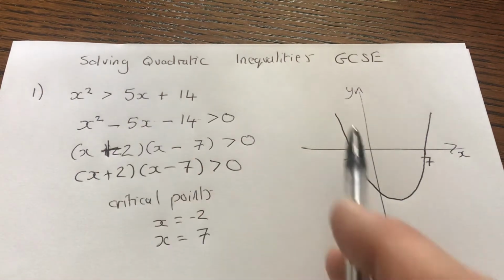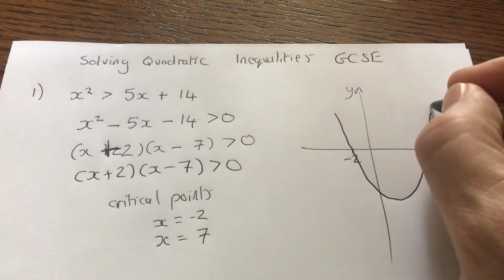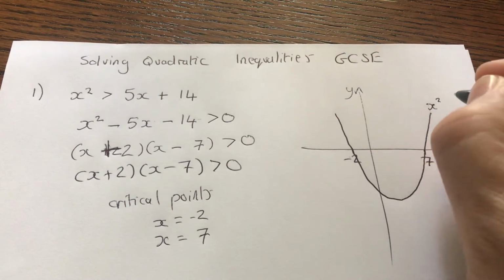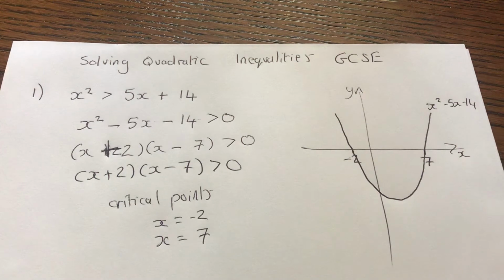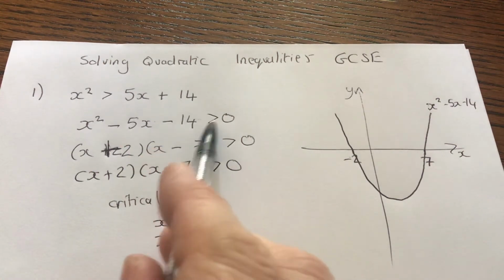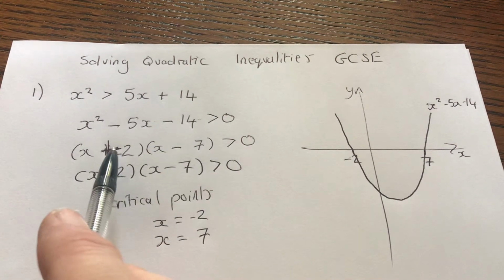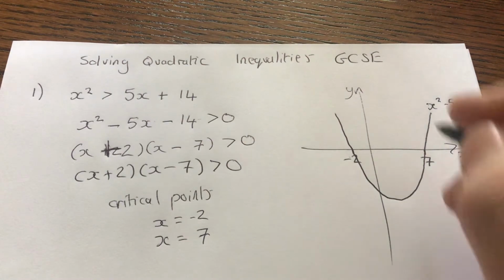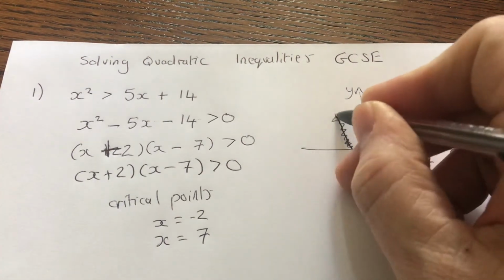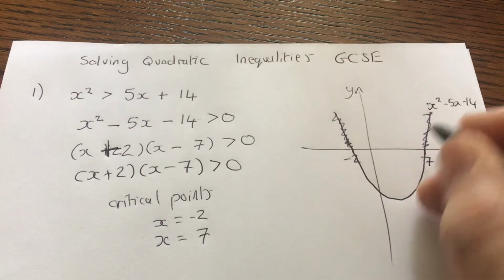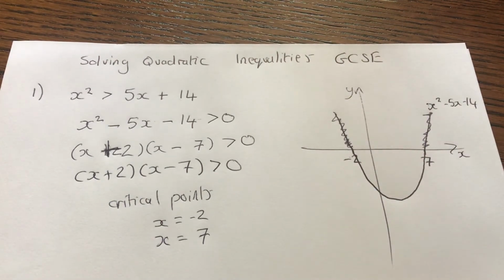The graph I've drawn there is x squared minus 5x minus 14. Where is it greater than 0? Well, it's greater than 0 anywhere above the x-axis. So here and here. A graph really helps.